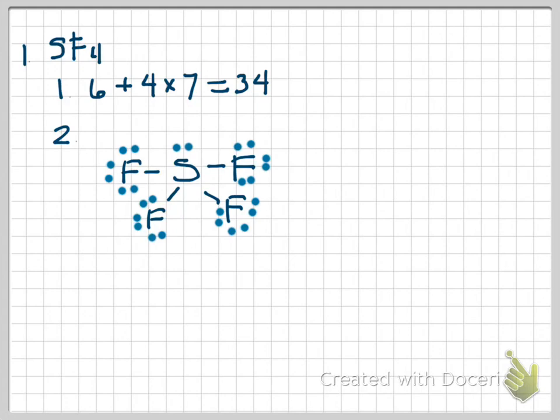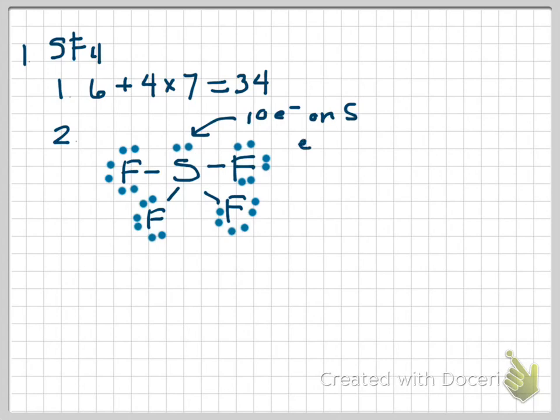The last thing we're going to do here is check that everybody is happy. Each fluorine effectively sees 8 electrons. And then the sulfur in the middle has 1, 2, 3, 4, 5, 6, 7, 8, 9, 10. So it has a total of 10 electrons on sulfur.